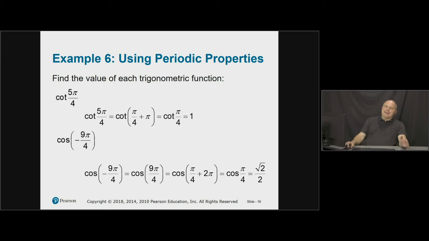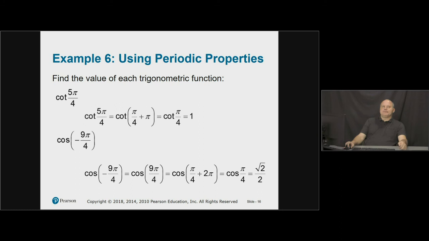This is not that easy to remember all this stuff. So cosine of 9 pi over 4. But 9 pi over 4 is the same thing as pi over 4 plus 2 pi. And since cosine has period 2 pi, we can just drop that off, giving me the cosine of just pi over 4, which is the square root of 2 over 2.